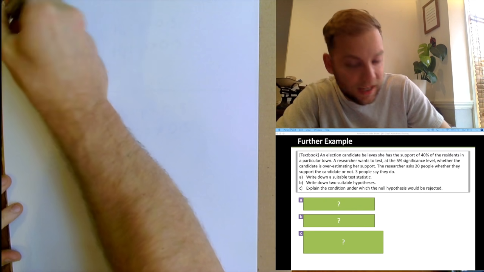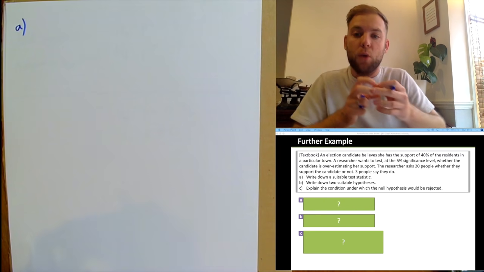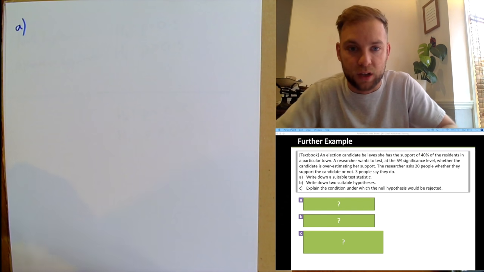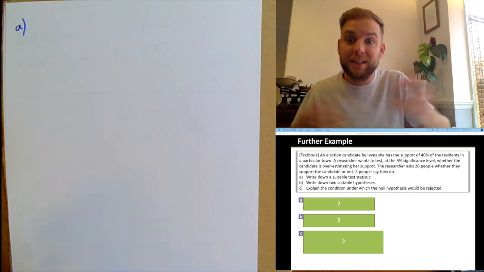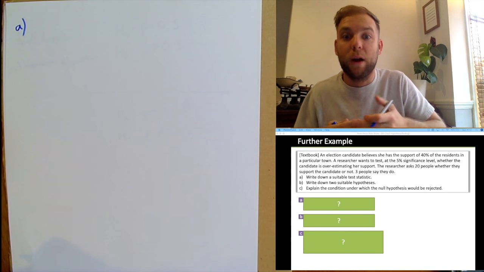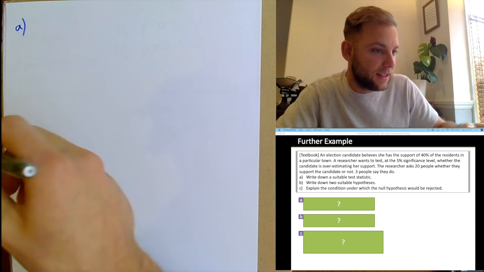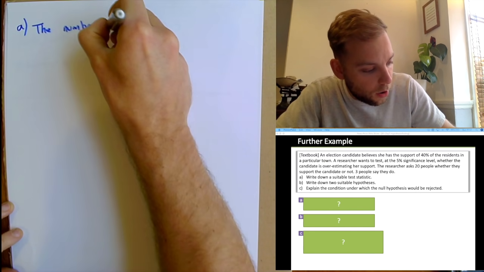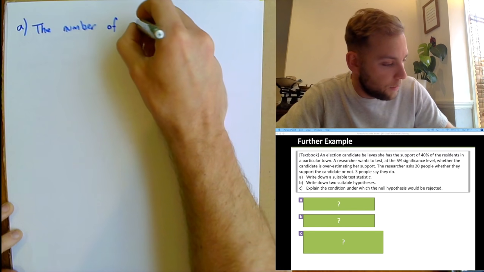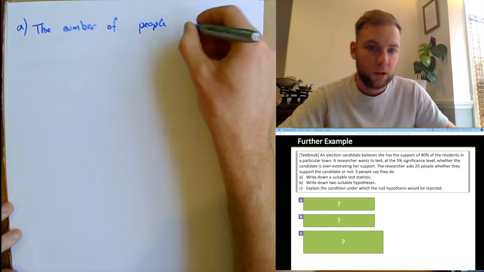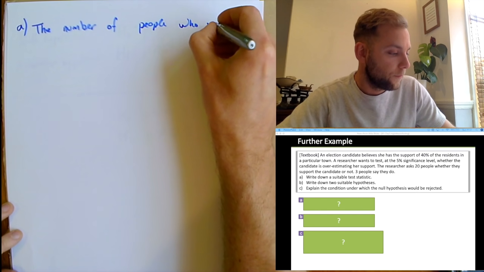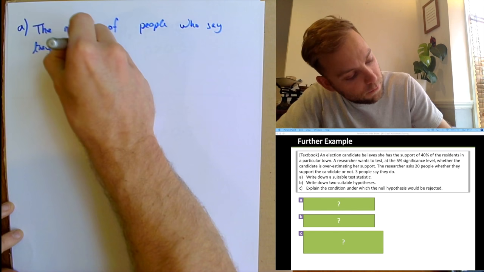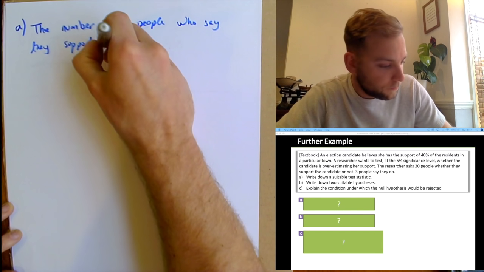So your suitable test statistic in this case is when I ask the people whether they support her, we're going to ask these 20 people whether they support her. So the answer to this is it's the number of people who say they support the candidate.